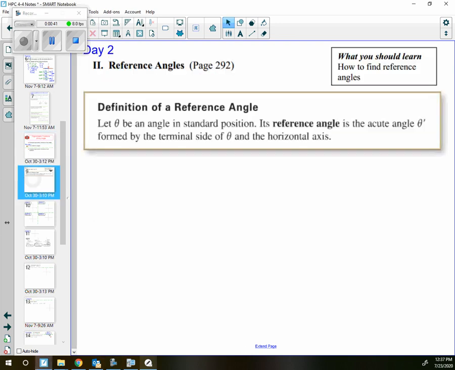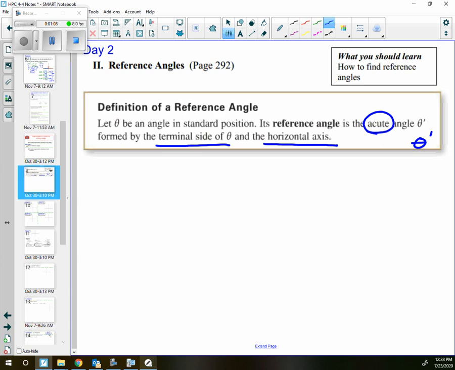If you can go into your little vocab spot at the very beginning of the section, it says what's a reference angle. Here's what a reference angle is. Let theta be any angle in standard position. Its reference angle is the acute angle, and they're going to use theta prime, formed by the terminal side of the angle and the horizontal axis, which we normally call x.